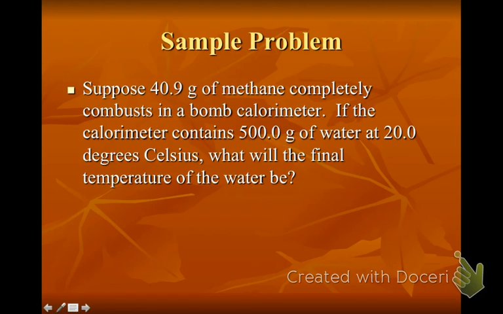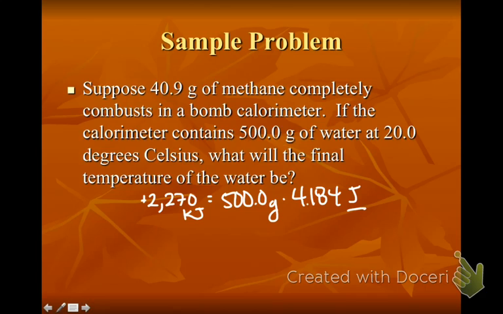I know it's going to be absorbing, so it's positive 2,270 kilojoules. Its mass is 500 grams. Its C is 4.184 joules per gram degree Celsius. And what we want is the final temperature, so the change from 20 degrees.